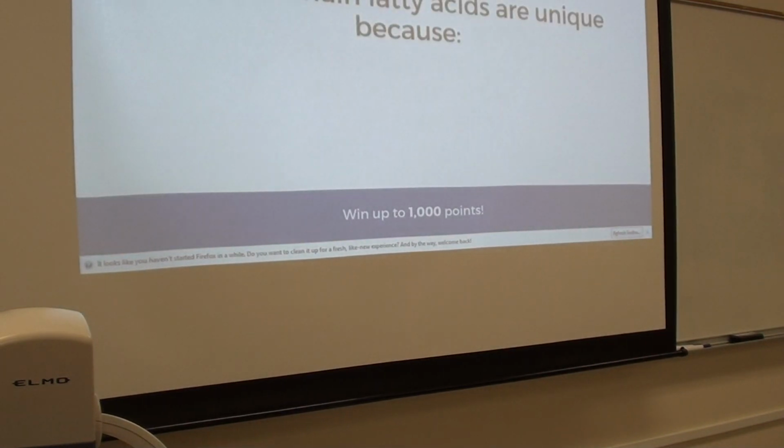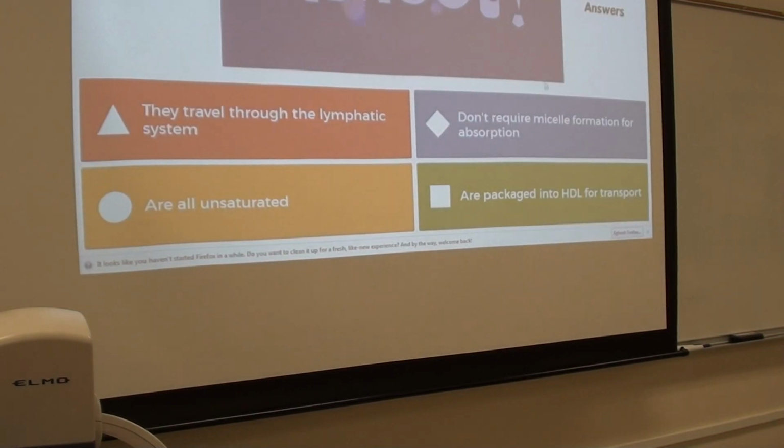Okay, medium chain fatty acids are unique because they travel through the lymphatic system, they don't require micelle formation for absorption, they're all unsaturated, or they are packaged into HDL for transport.